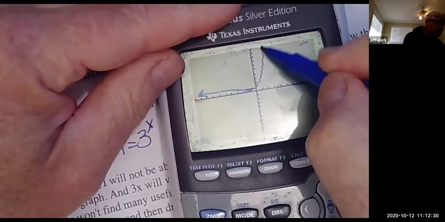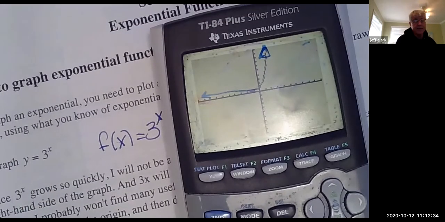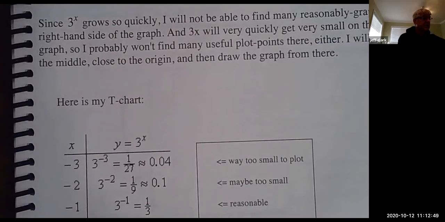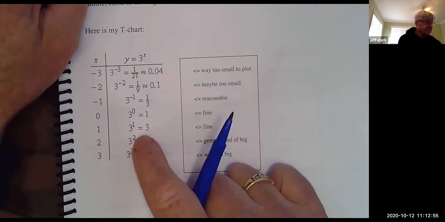Same with this. Should go forever. So by the look of it, its domain's all real numbers. You don't exclude anything. There's no value of x that would cause the table of value to be like an error or undefined. And table of values would indicate as well what these values were on my table right here.